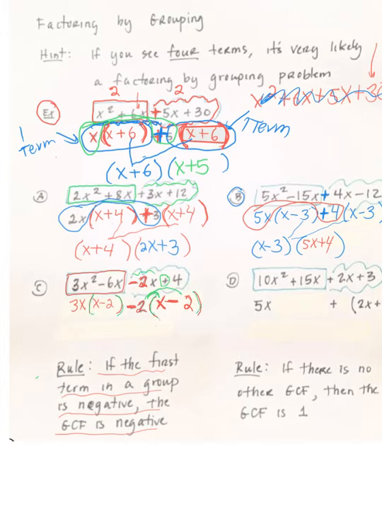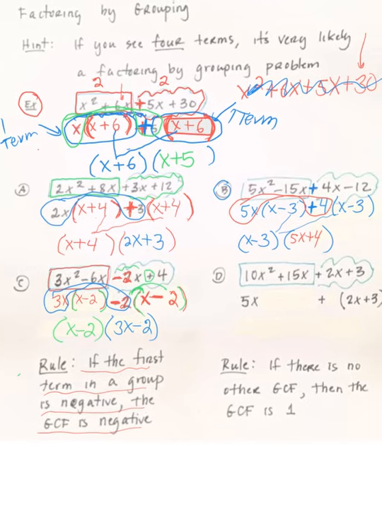Therefore, it is the greatest common factor. It comes out in front, and what's left over goes in its own parenthesis, 3x minus 2. So the rule on this one is if the minus sign exists between the terms instead of the plus sign, then what we'll do is pull the minus out as part of the GCF.